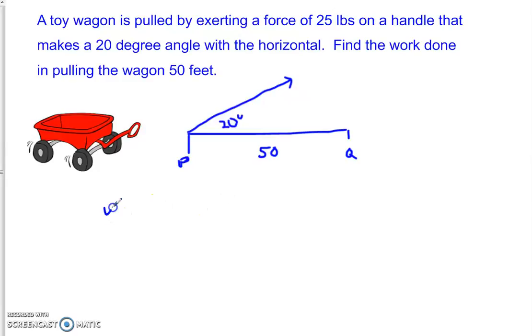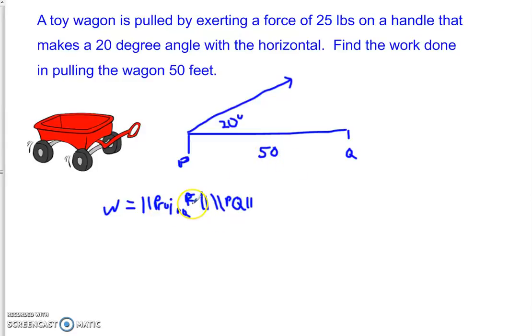Well, the amount of work done, it said, was simply the magnitude of the projection of F onto PQ times the magnitude of PQ. Well, the magnitude of PQ is piece of cake here, that's 50.